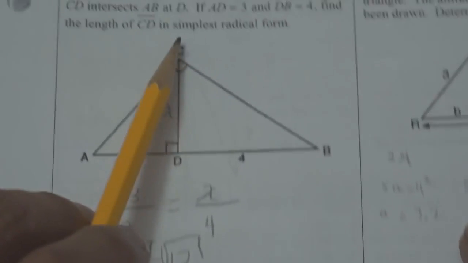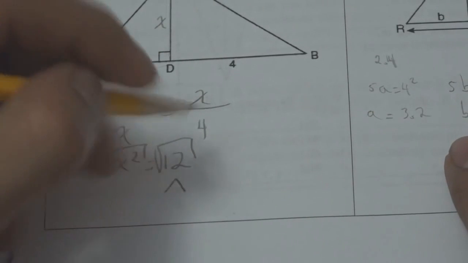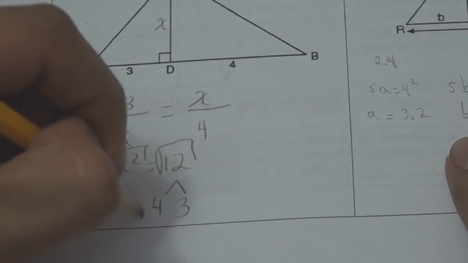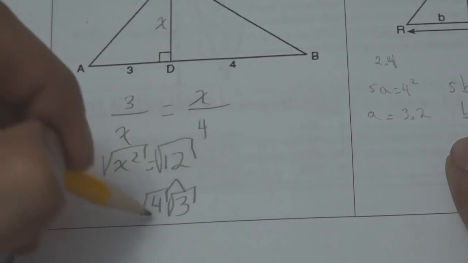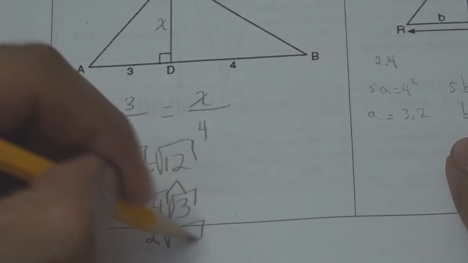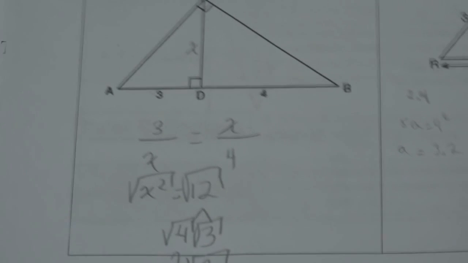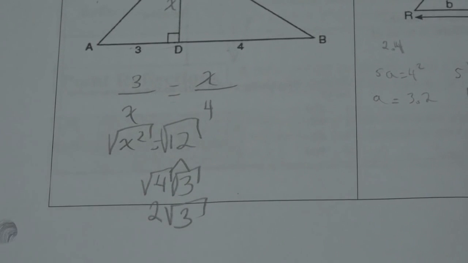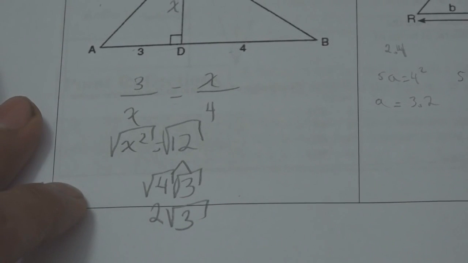It says in simplest radical form. Oh, please, I know how to simplify 12. 12 is nothing more than 4 times 3. Square root of 4 is 2, and then 3 is just 3. So that is that. On the Regents, or on the test, you write the length of CD is 2 radical 3. You understand that? All right, cool then.